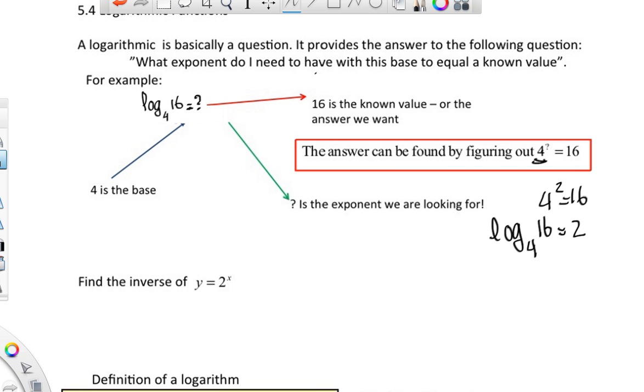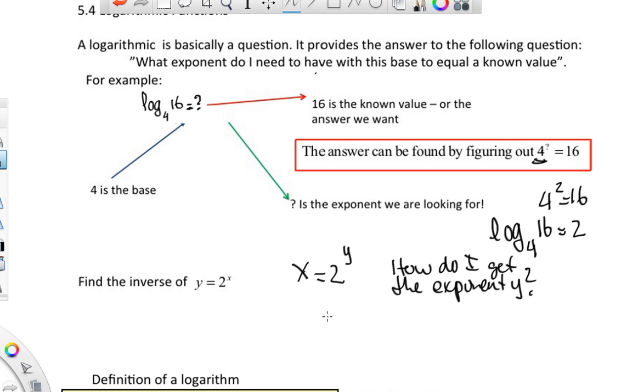One reason that people came up with logs is to figure out how to undo something like this. So if you had to find the inverse of y equals 2 to the x, the first step is to swap x and y, and then now how do you solve this for y? How do I get the exponent y down?